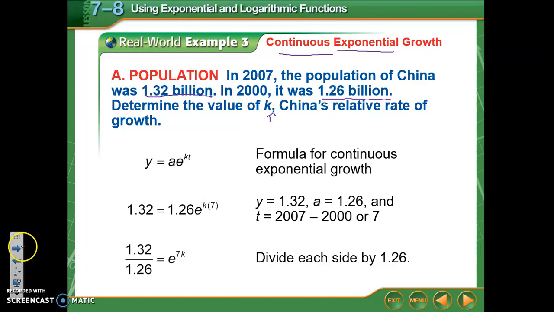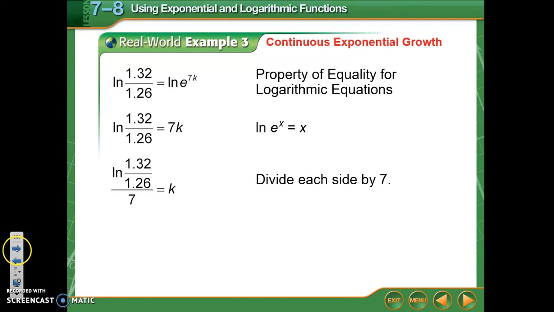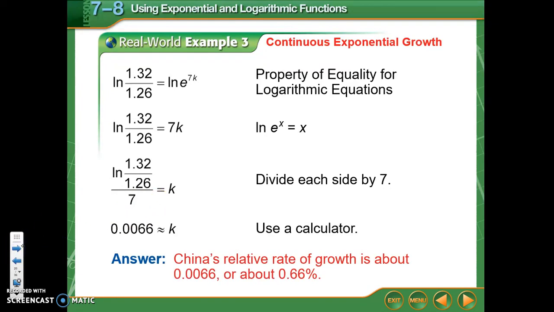Divide both sides by 1.26. Take the natural log of both sides so that I can get this variable out of the exponent. So I end up with 7K is equal to the natural log of this quotient. And then I divide by 7, and use a calculator to get my value of K, which is 0.0066, or about 0.66%.